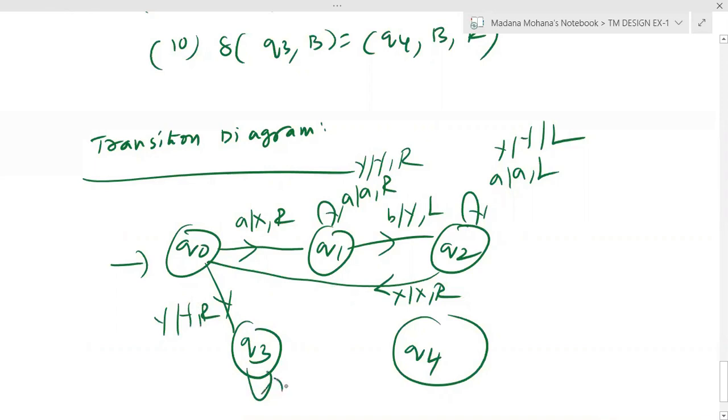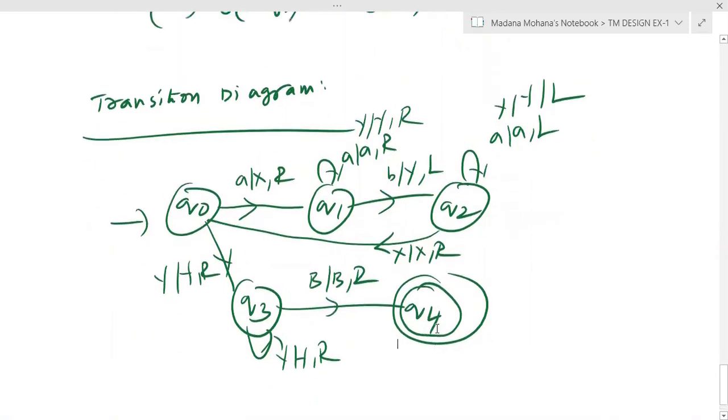Then the loop at Q3, Y by Y moves right. Whenever it is blank, blank by blank moves right. Then Q4 is the final state. Check whether all 10 transitions are included or not. Now here you can see 1, 2, 3, 4, 5, 6, 7, 8, 9, 10. So all 10 are included. So this is the transition diagram.